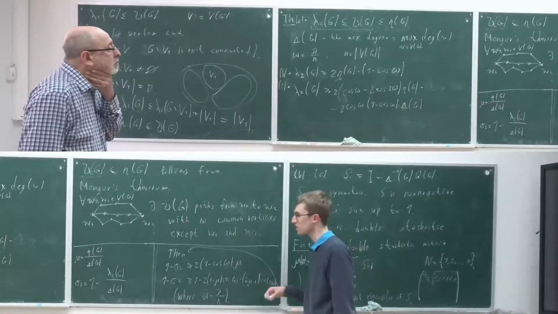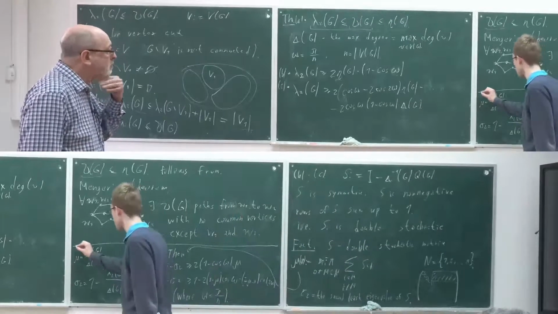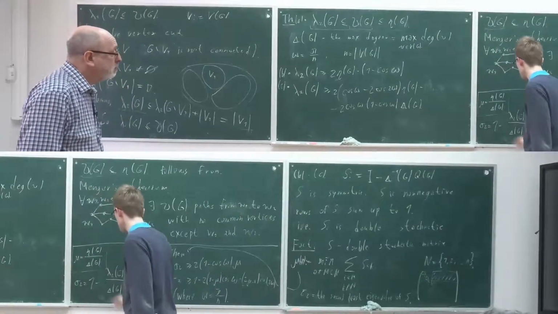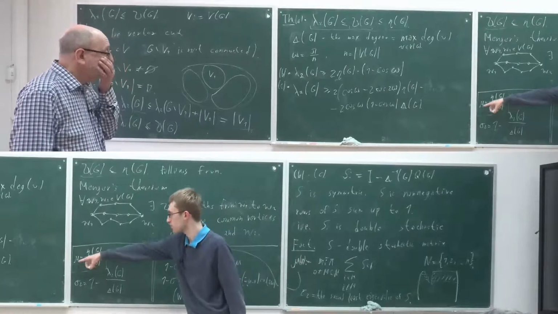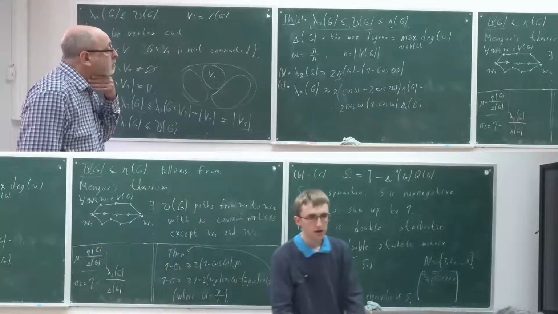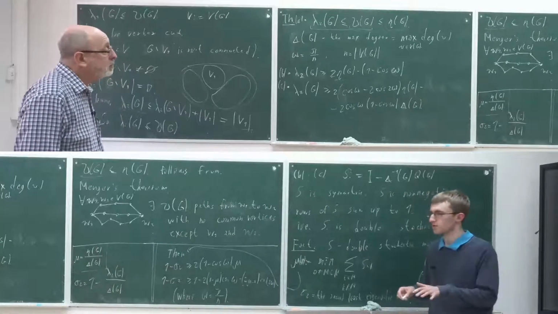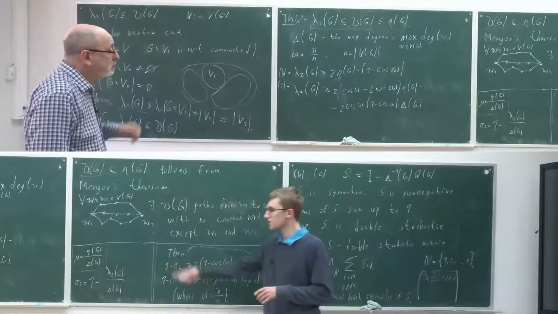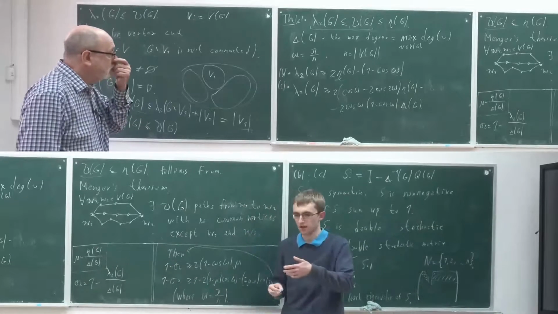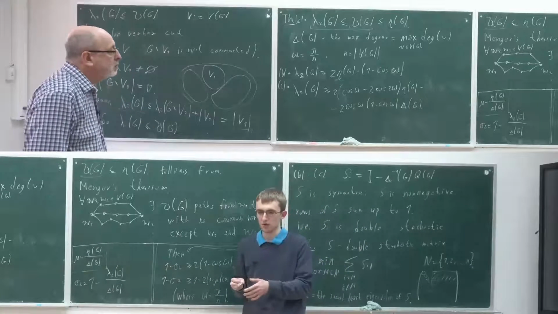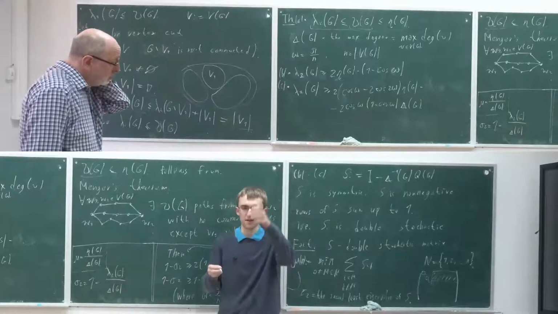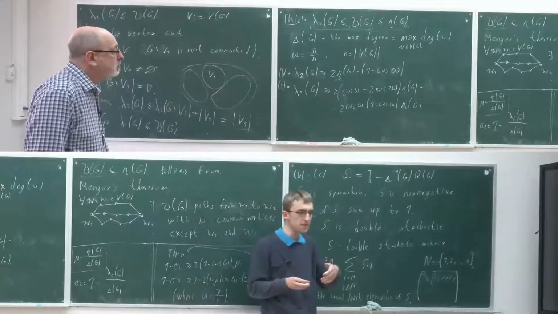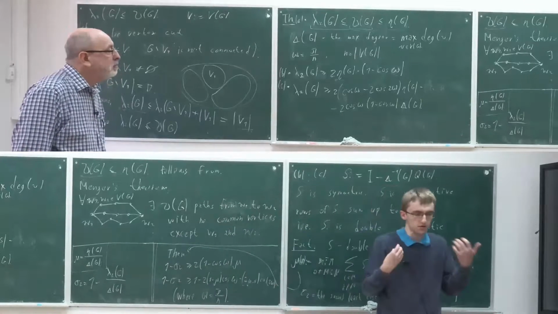And the most interesting part is this. How exactly is mu related to the edge connectivity? And the relation is the following. So what is edge connectivity? It is the least k such that we can remove k edges from the graph and it loses its connectivity.